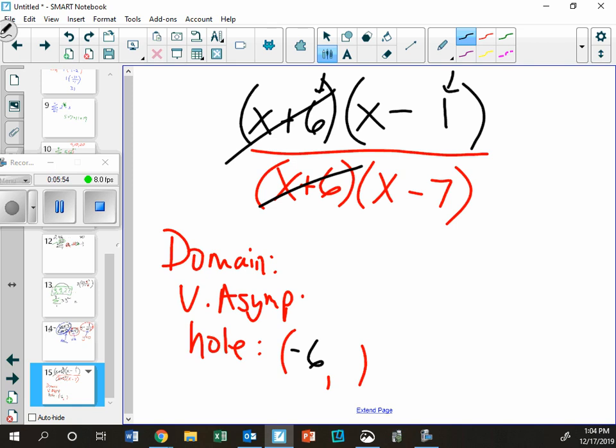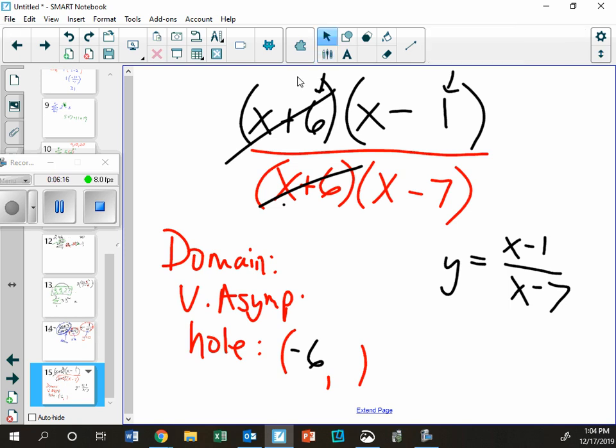Why? Because that goes in and makes it 0. That's what causes the problem, is there's a 0 on the bottom. Negative 6 comma what? Well, I hope some of you took the time to rewrite what you actually have after that canceled. I call this the resulting function. That results after I cancel stuff. Why is that one important? Because if you were going to graph it, that's what you'd graph.